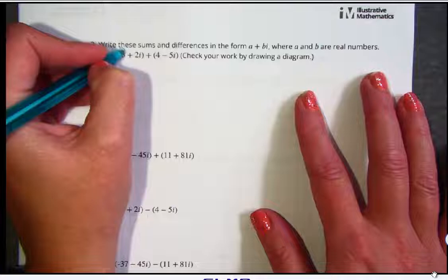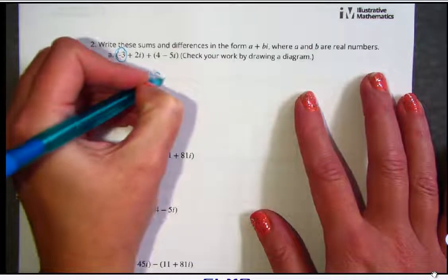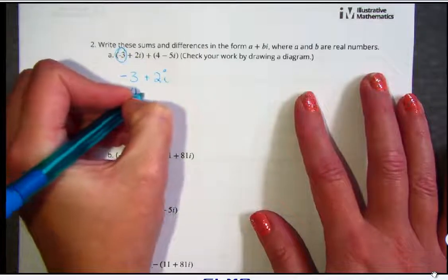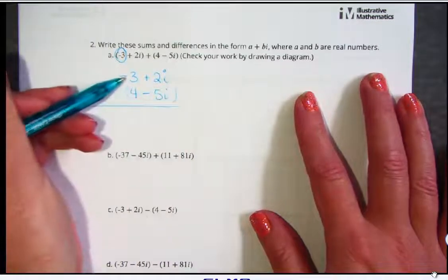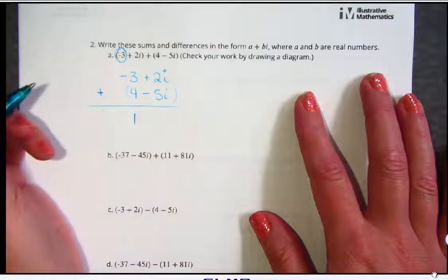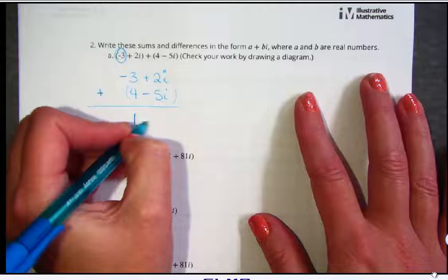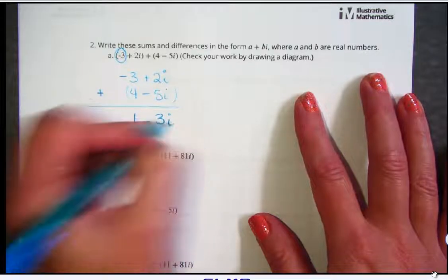So, adding the like numbers, we can even stack these up. Negative 3 plus 2i plus 4 minus 5i. Negative 3 plus 4 results in 1 positive. 2 positive i's, and I take 5 away is going to leave me with 3 negative i's.